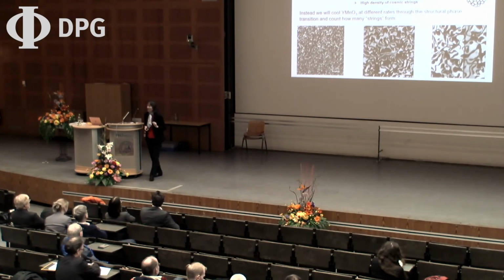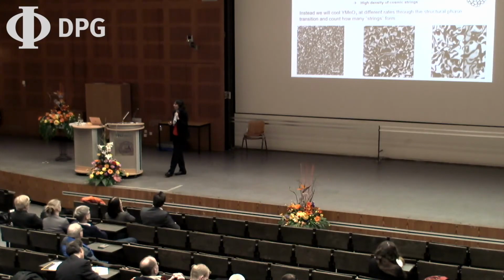And so you can see that we got extraordinarily lucky with the details of the materials physics of yttrium manganite, that the various parameters controlling the phase transition give us measurably different defect densities for readily accessible experimental cooling rates.